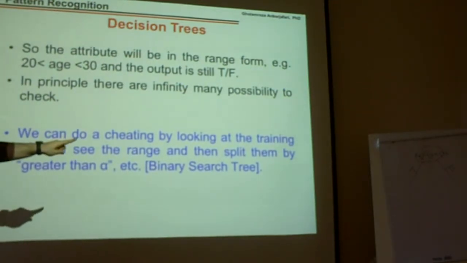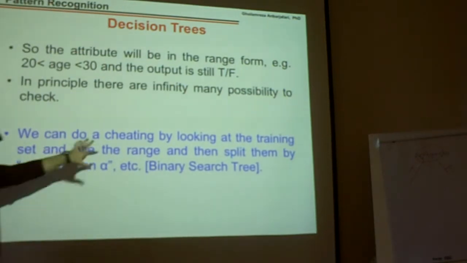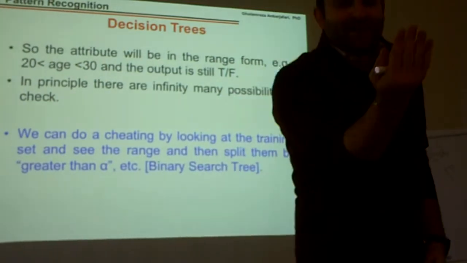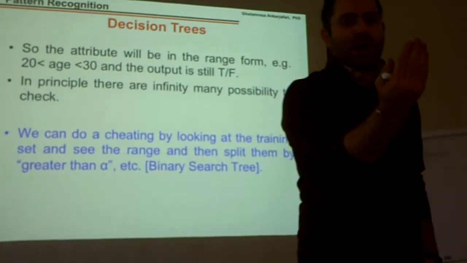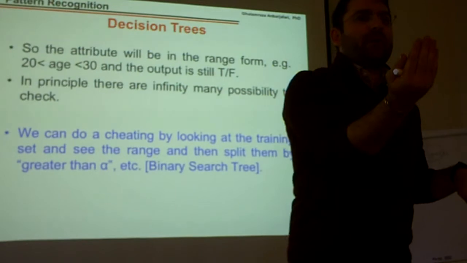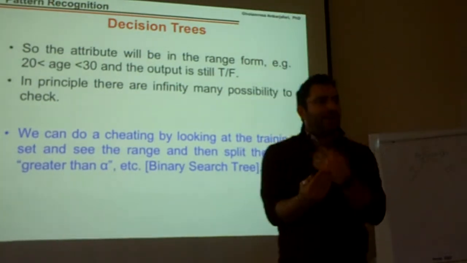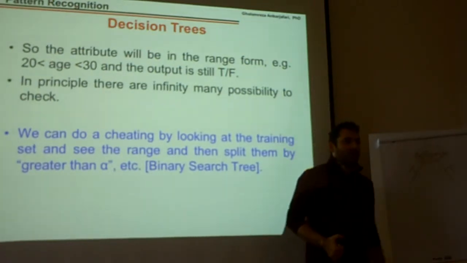So this way of defining is also cheating. Why is it cheating? Because I can always look at my training set and say, okay, it seems that the people I have in the classroom are, age-wise, either less than 25 years old or above 25 years old. So I can look at that and define, is the age less than 30 or is it above 30?